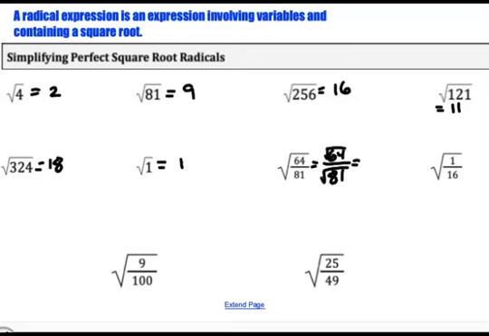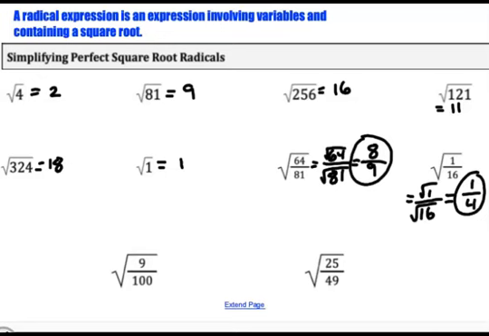The square root of 64 is 8 because 8 times 8 is 64. The square root of 81 is 9. So this would just be 8 over 9, and that would be our answer. This one, 1 over 16, you can write as square root of 1 over square root of 16, and that's just 1 over 4. The square root of 1 is 1, the square root of 16 is 4.